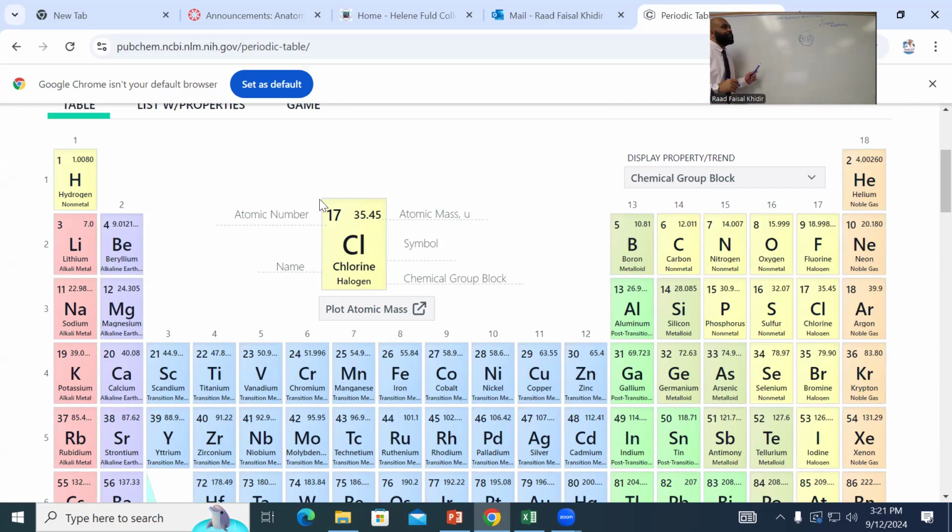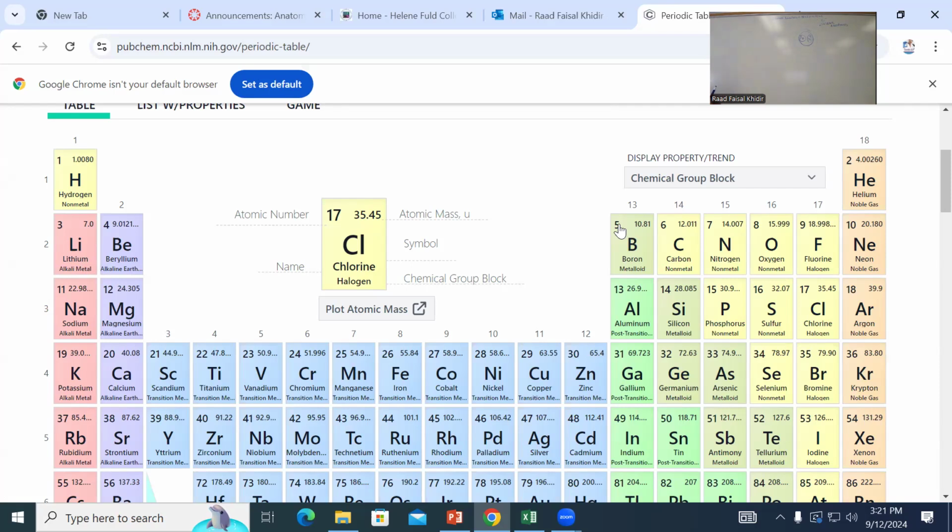So if I tell you the atomic number for hydrogen is 1, what does that also tell you? Yeah, it has only 1 proton. Very good. If the atomic number for lithium is 3, what does that also tell you? It has 3 protons. If the atomic number for boron is 5, that means it also has 5 protons.